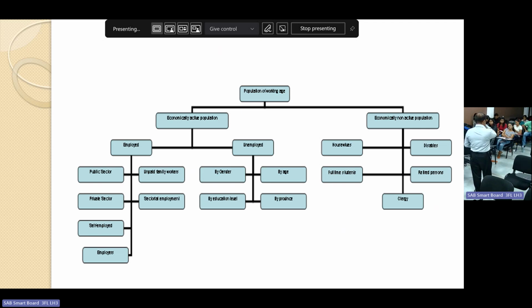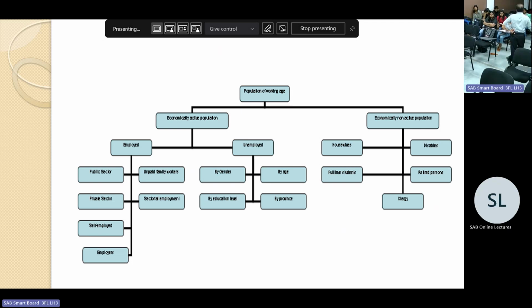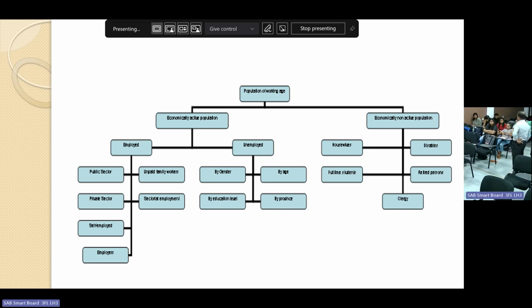In order to identify the labor force, we need to deduct the housewives, the full-time students, the clergy, and differently abled people.